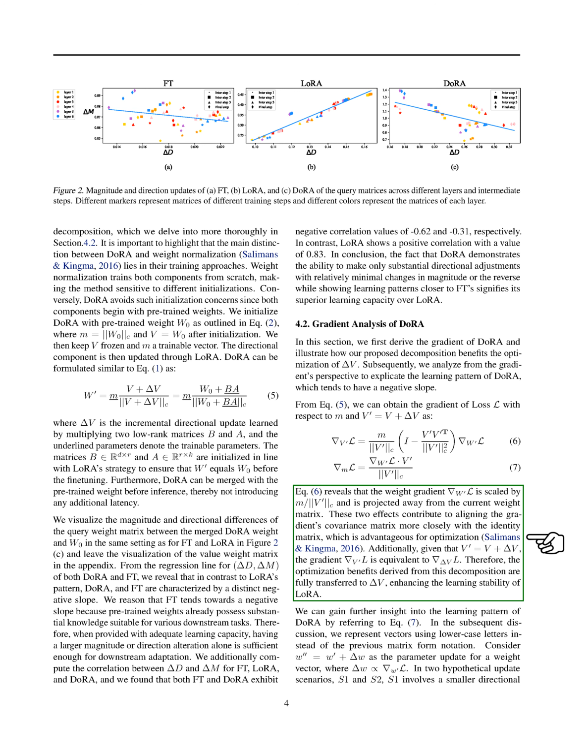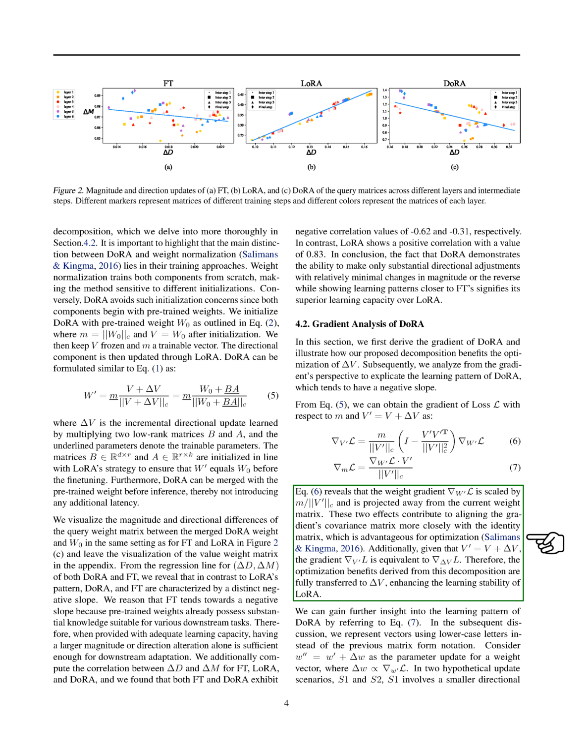To understand how DoRA learns, we look at the gradient from another angle. We simplify our notation by using lowercase letters for vectors. We consider an update to a weight vector, W double prime, W equals W plus delta W, where delta W is proportional to the gradient of the loss with respect to W. We imagine two scenarios, S1 and S2, where S1 has a smaller directional update compared to S2.